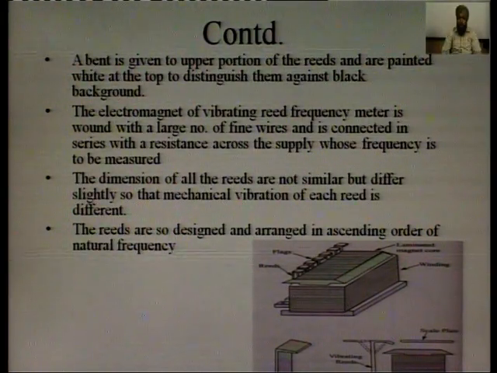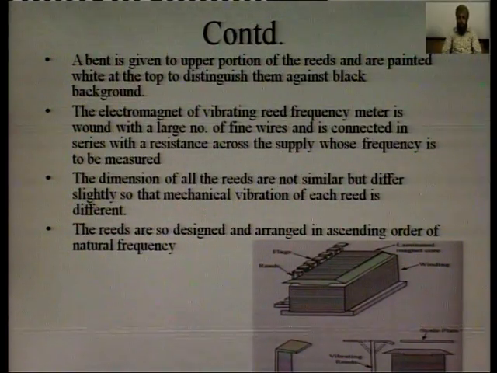The electromagnet of the vibrating reed frequency meter is wound with a large number of fine wires and is connected in series with a resistance across the supply whose frequency is to be measured. The dimensions of all the reeds are not similar but differ slightly, so that the mechanical vibration of each reed is different.